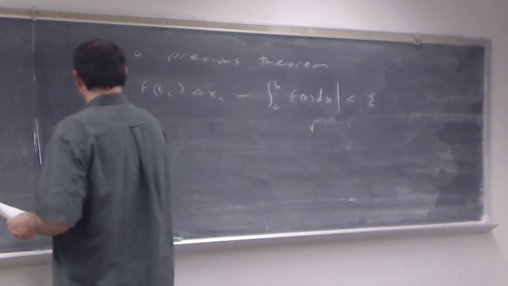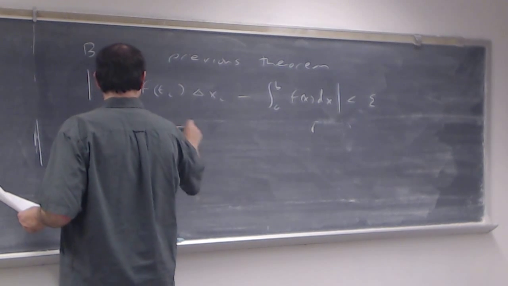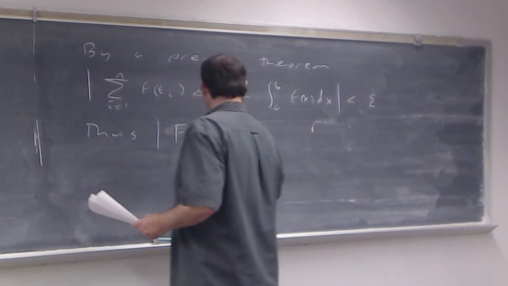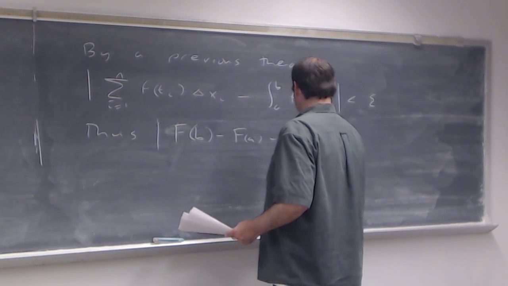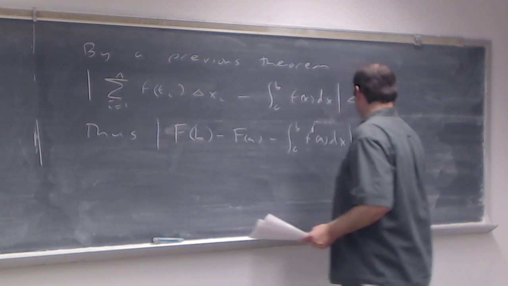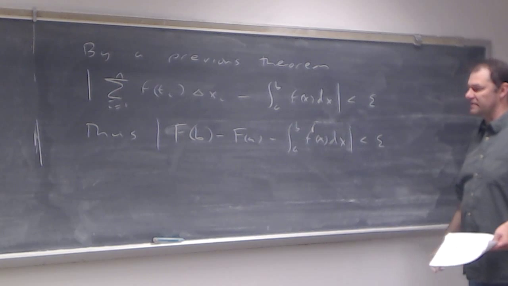That is the absolute value of F(b) minus F(a) minus the integral from a to b of little f(x) dx. That is less than epsilon, where epsilon is some positive number.